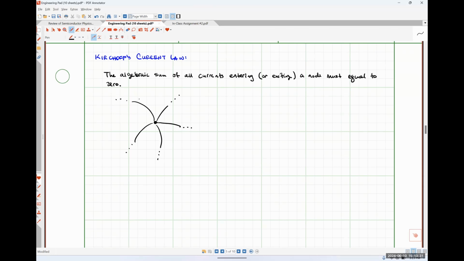So let's say this is going to be our current I1, and it's flowing in. This will be our current I2, it's flowing out. This will be I3, it's flowing out. I4 will be flowing in. And I5 will be flowing out. Okay. Over here, I'm going to put KCL number 1. Okay.